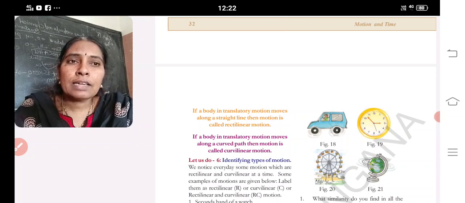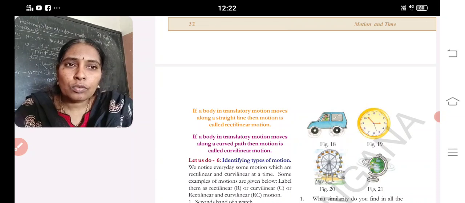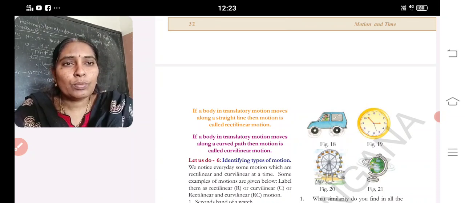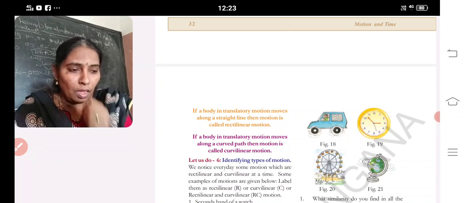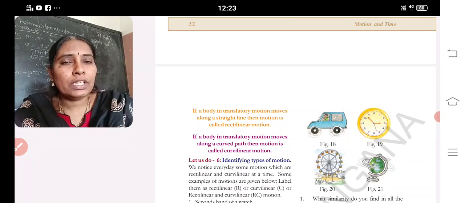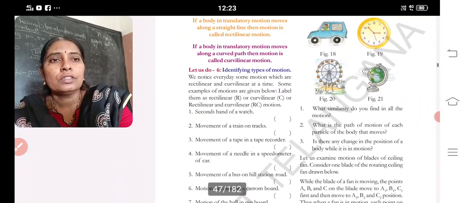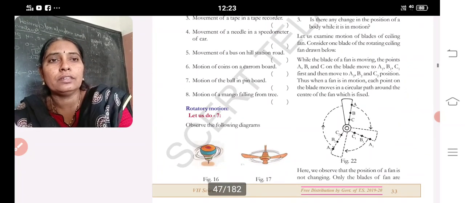If a body in translatory motion moves along a straight line, it is said to be rectilinear motion. If it moves along a curved path, it is said to be curvilinear motion.